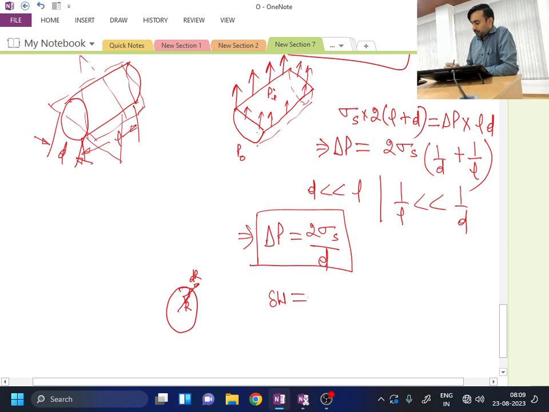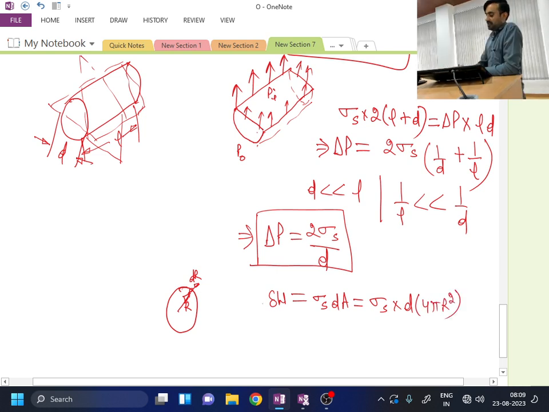We know that work due to surface tension is sigma s into the increase in area, dA. So sigma s into d of the area, which is 4 pi r square. That is the work because of the incremental area dA.